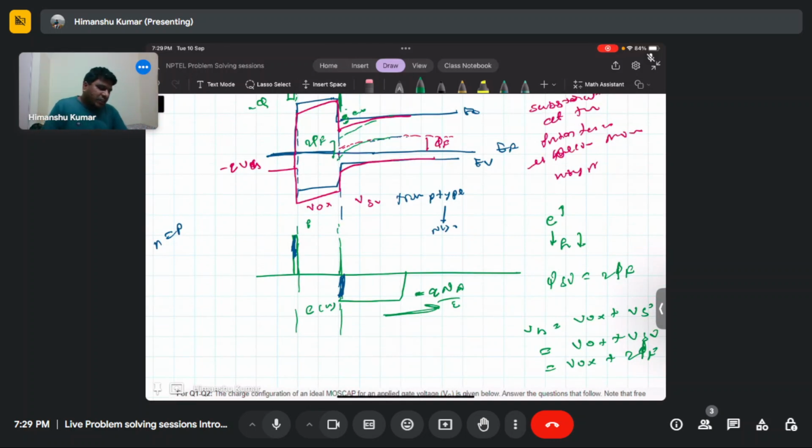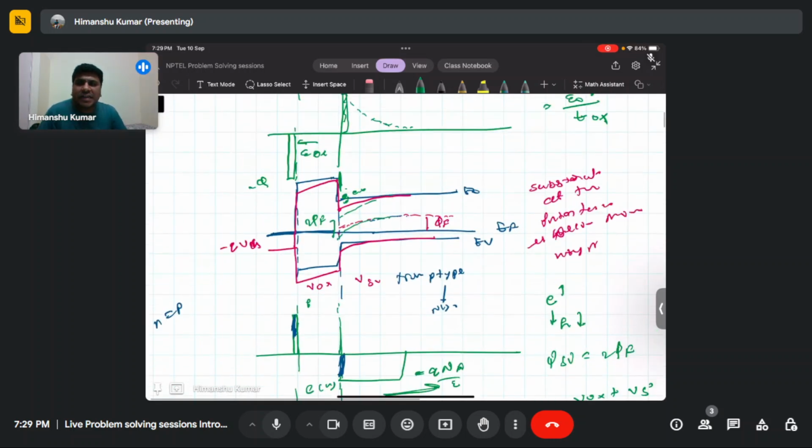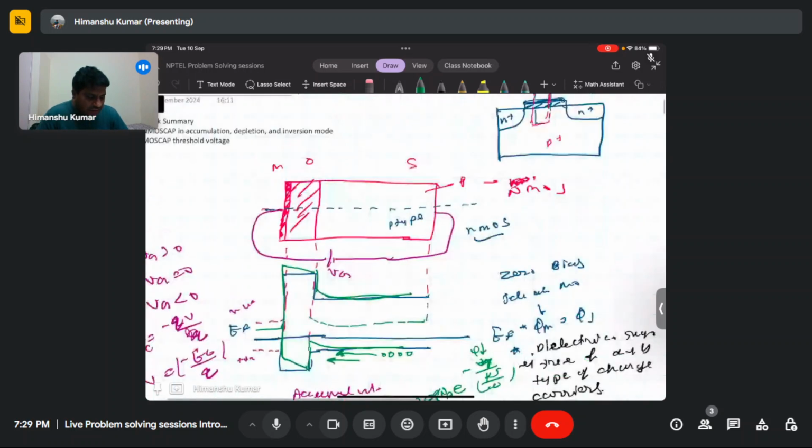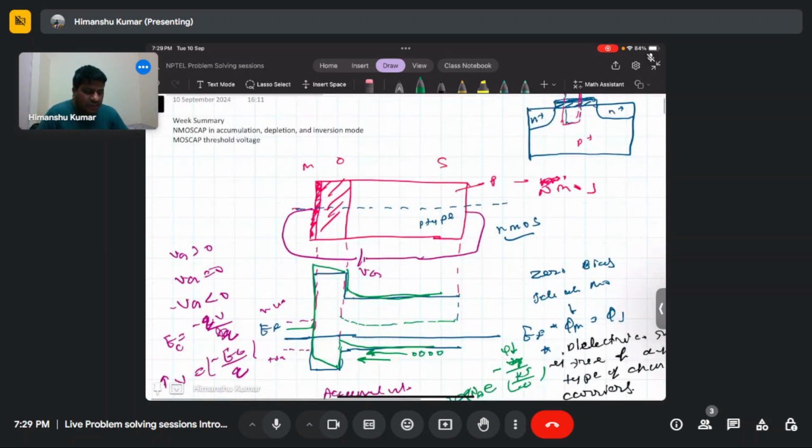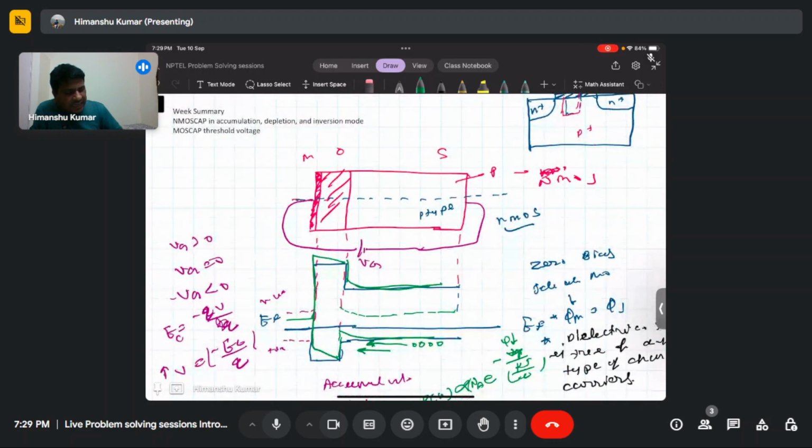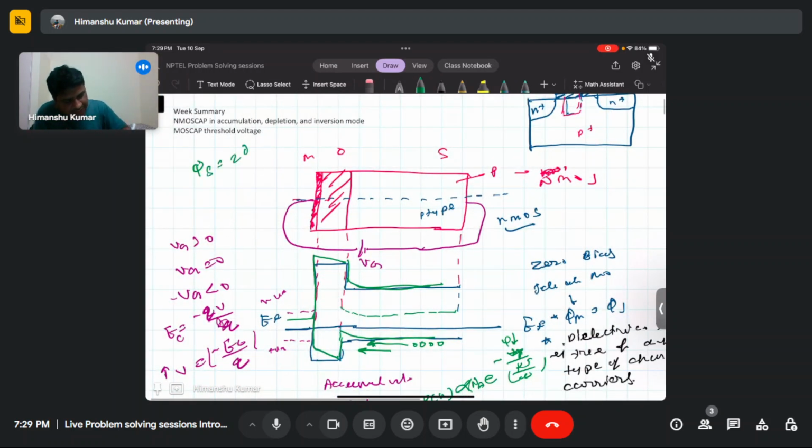As you apply higher and higher bias, this interface becomes more and more n-type, and you can say that more inversion is happening, and the channel has been inverted. That is the concept, and that is the summary of this week. This threshold voltage is defined as where the surface potential psi S equals 2 times psi f.